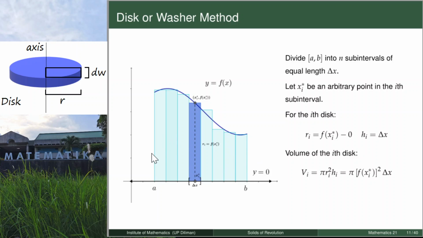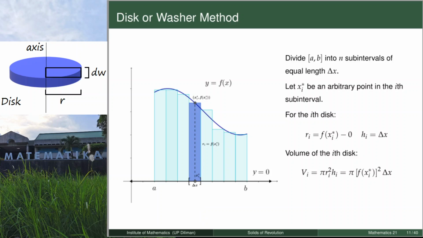And more rectangles means what will happen to the delta x? Then, delta x here will become smaller and smaller. So the widths of the rectangles will be smaller and smaller. Meaning, with more rectangles, we will have thinner rectangles.